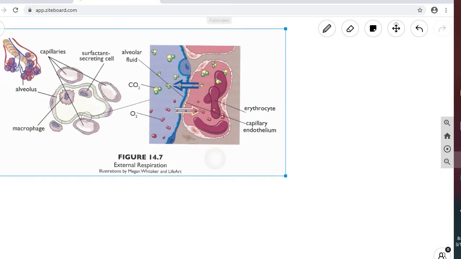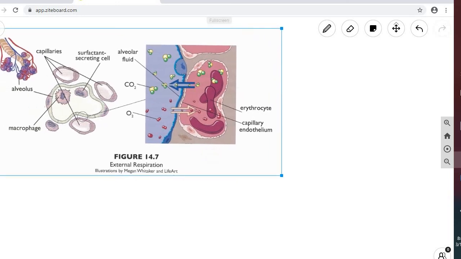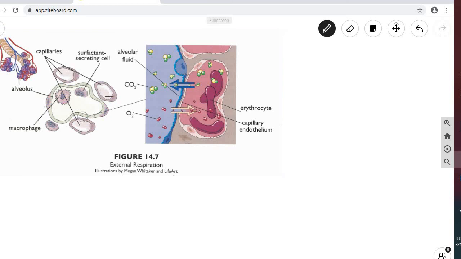We're back to this figure. It's a similar figure that looks at the interface between the alveoli, which is this blue part, and the blood, which is the red part.